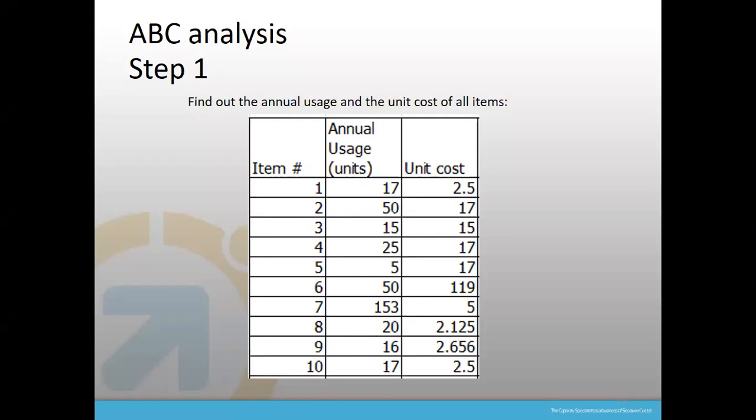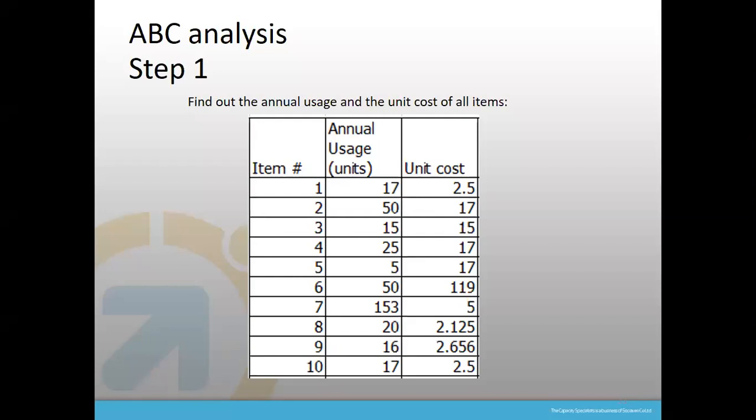And item number 5, I use only 5 per year, and they also cost $17. Now for item number 6, I use 50 of these items per year, and they cost $119. On the other hand, for item number 7, I use a lot. I use 153 per year, but they cost only $5.